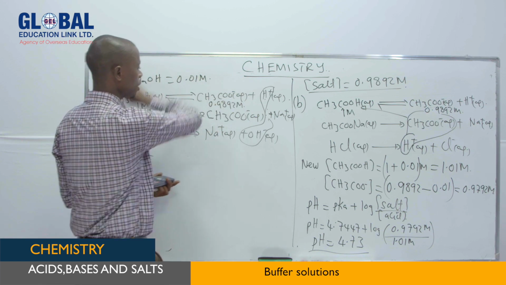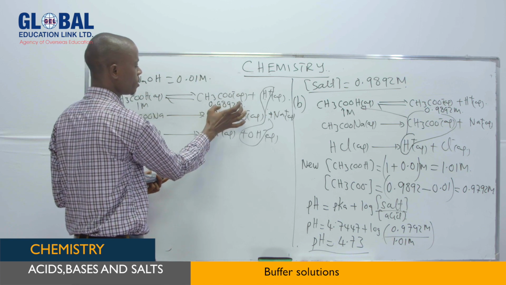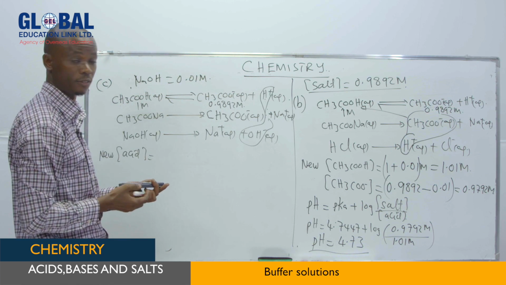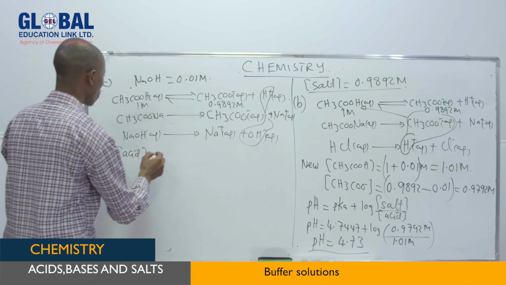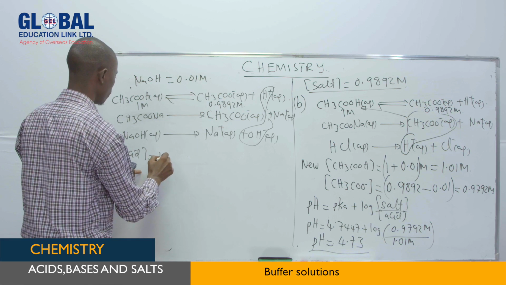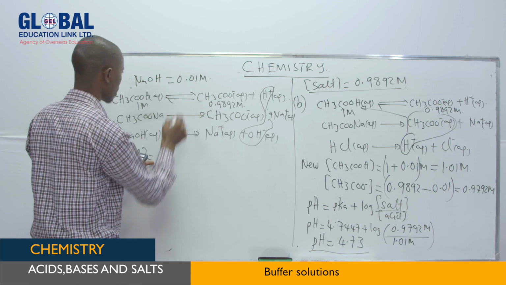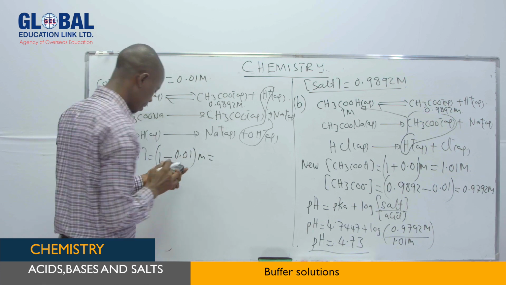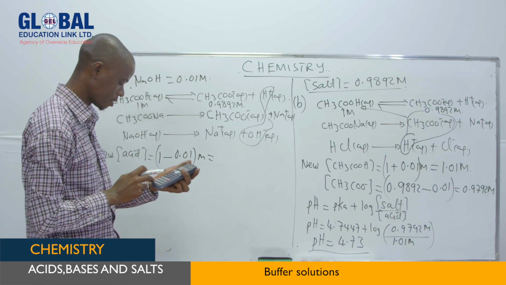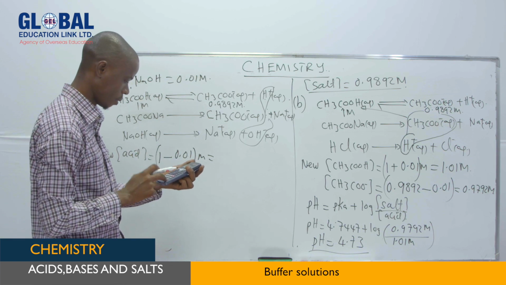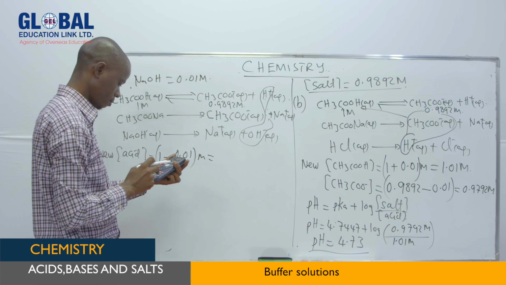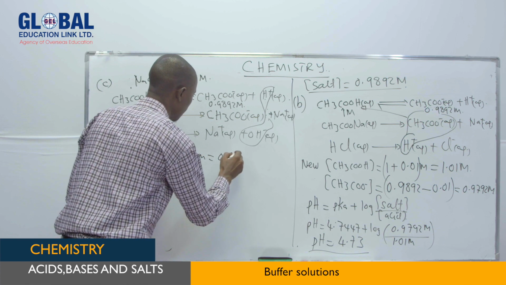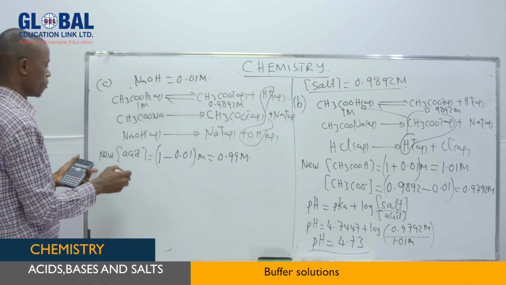And this salt, because it will be formed, now this concentration will also increase by the same factor which is added from the base. So new concentration will be 1 for the acid. You subtract 0.01. When you take a calculator, 1 minus 0.01, now you will get 0.99 molar.